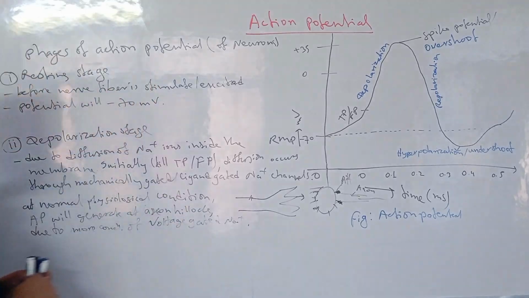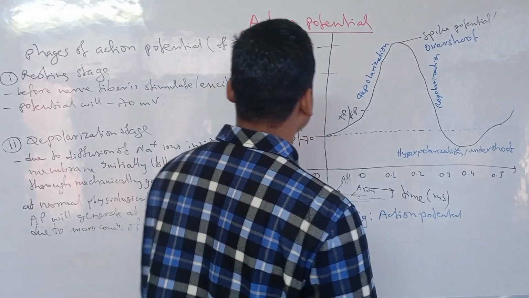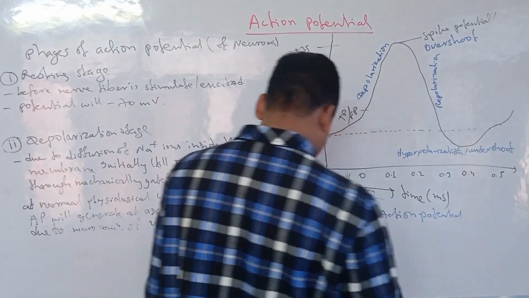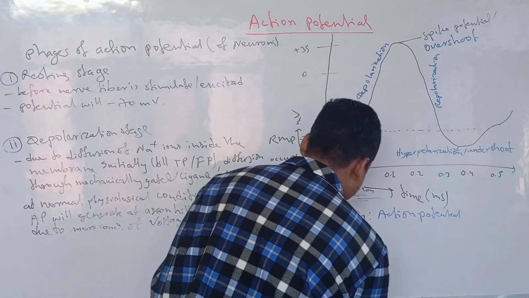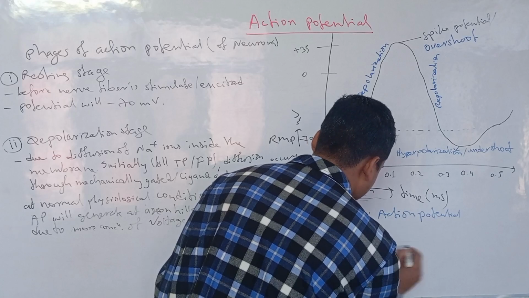Now the question again arises. Let's suppose this is the cell body and this is the axon.